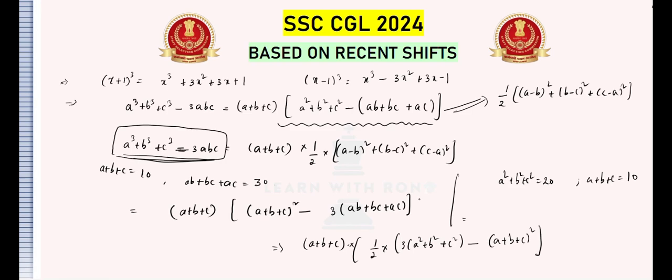Okay, try to remember all these formulas, because for every formula the value you need to find is a cube plus b cube plus c cube minus 3abc.